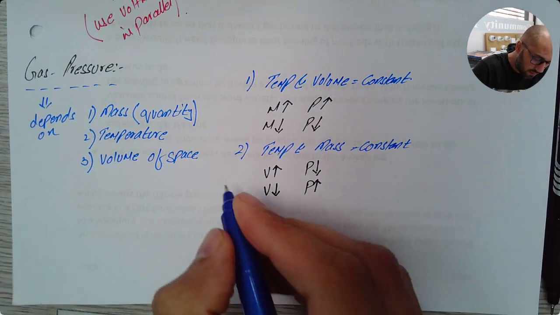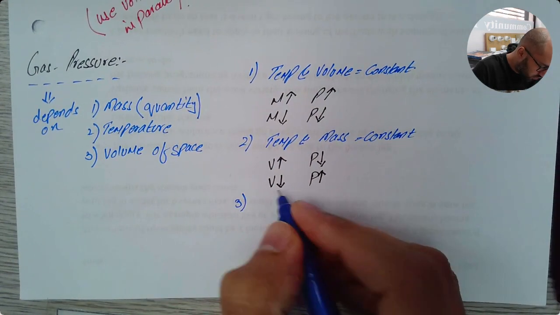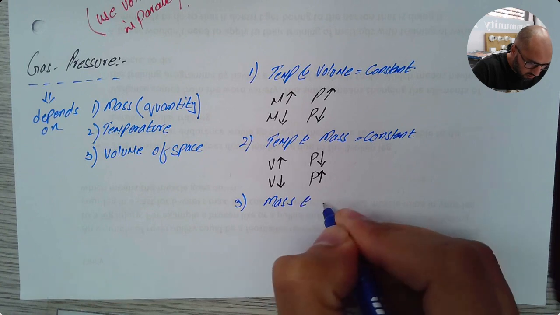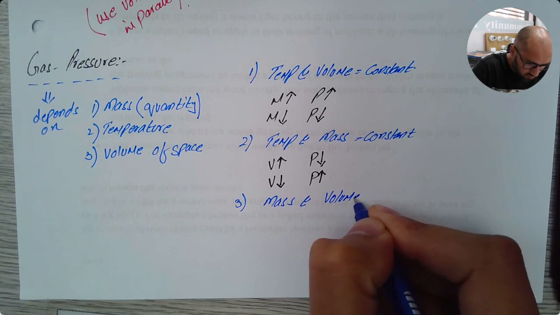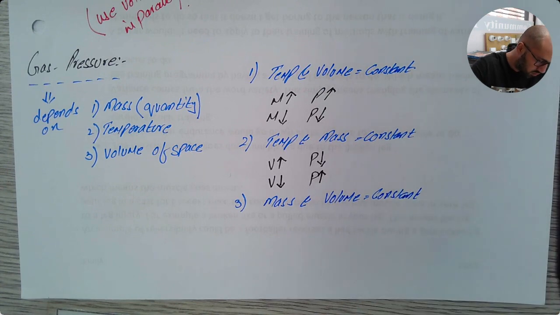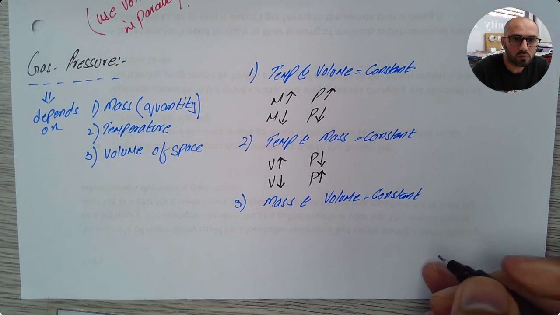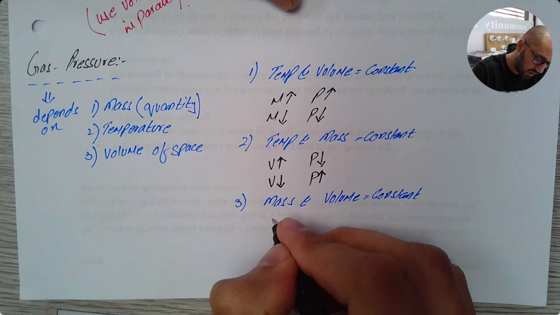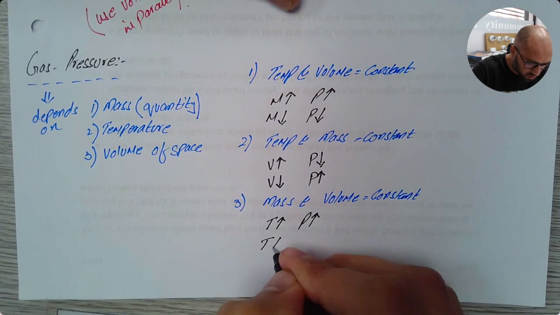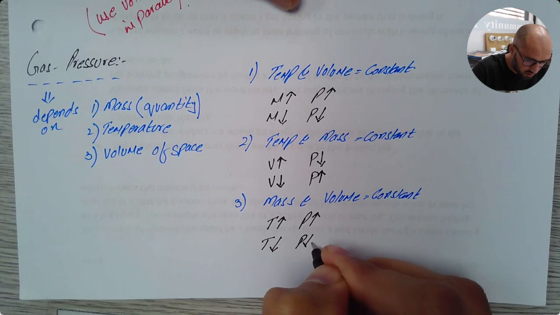If I decrease volume, my pressure will increase. Case number three, I'm going to keep my mass and volume constant. And in this case, I'm just going to look at if I change temperature, what will happen to my pressure. So I can say if the temperature increases, pressure will increase. If the temperature decreases, the pressure will decrease.